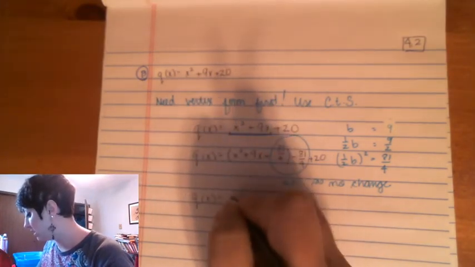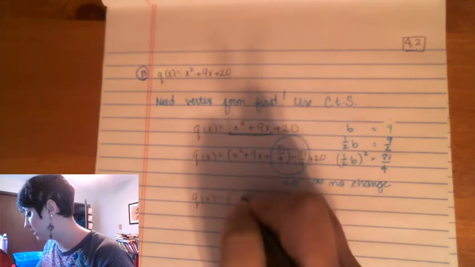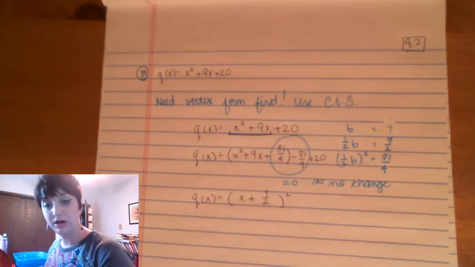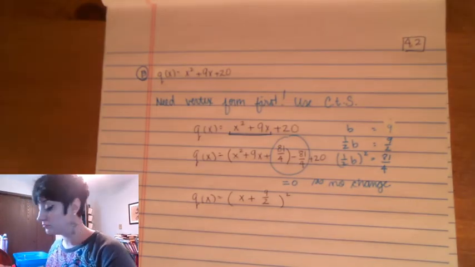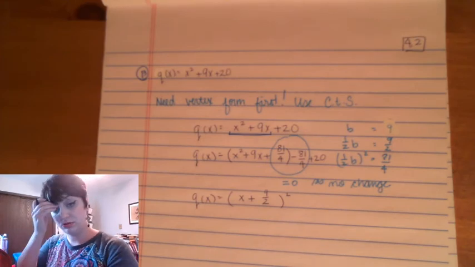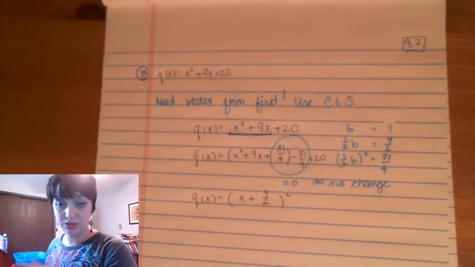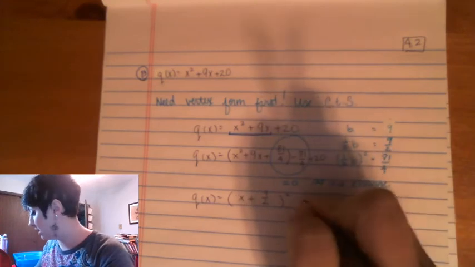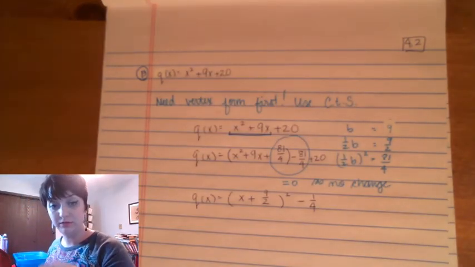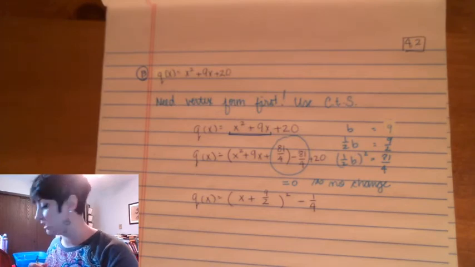So q of x, remember it always factors as x plus half b. So x plus 9 over 2. And if you do your common denominator here, you have negative 1/4. So I leave getting that negative 1/4 to you.